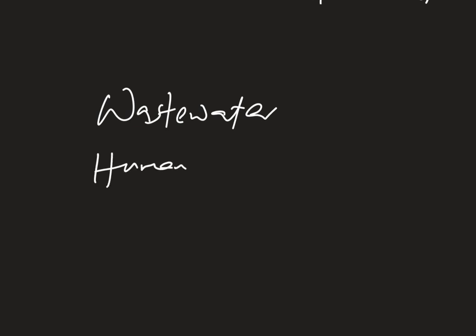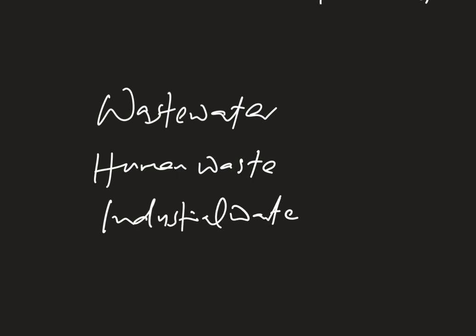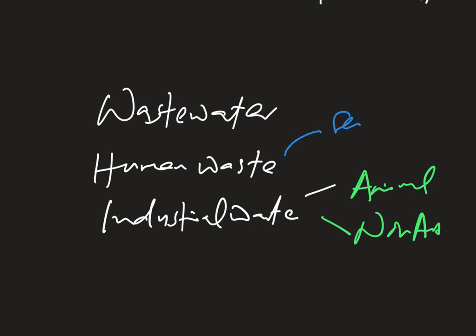First, you might have wastewater, right? So, what constitutes wastewater? From human waste and industrial waste. Industrial waste can be animal or non-animal, depending on what you want. Human waste definitely is sewage.